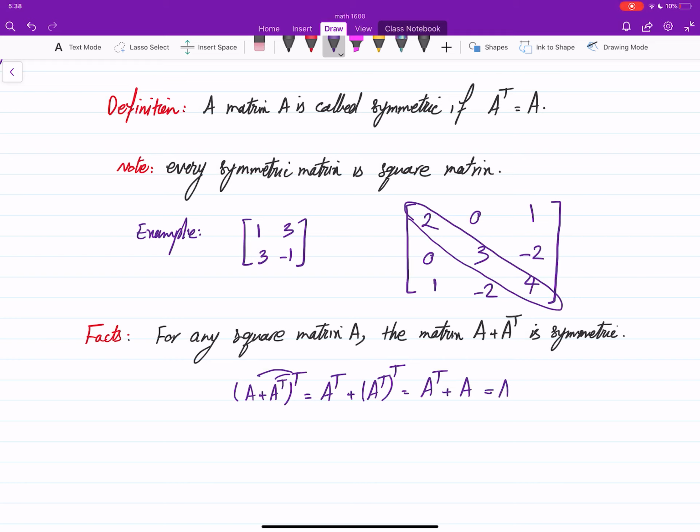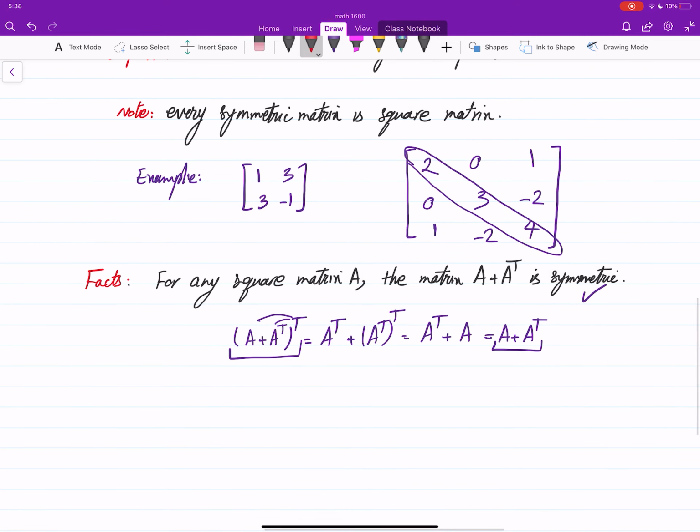And we know that matrix addition is commutative. So we started with A plus A transpose, and we showed that it is equal to A plus A transpose. That means that it is symmetric. So that was the first fact. That's when the matrix is a square matrix.